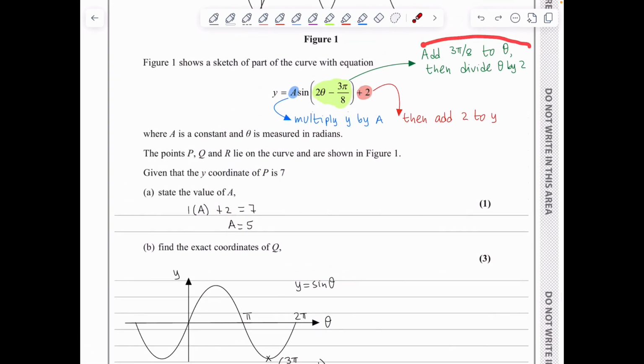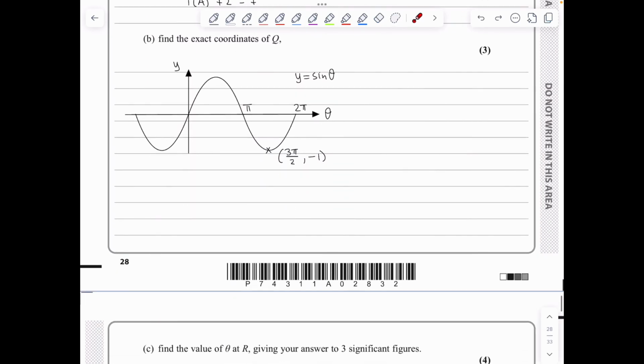So I will add 3 pi over 8 to the value of theta and then divide theta by 2. So what we're looking at is 3 pi over 2, adding the 3 pi over 8 and then multiplying this by a half. This gives a value of 15 pi over 16.